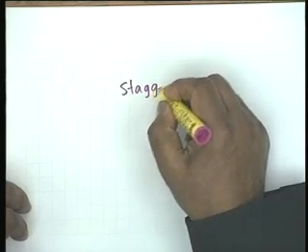Now, if a band pass filter of the type that we have been discussing is made by coupling two single tuned circuits whose resonance frequencies are slightly different from each other, then this arrangement goes in the literature by the name of stagger tuning.